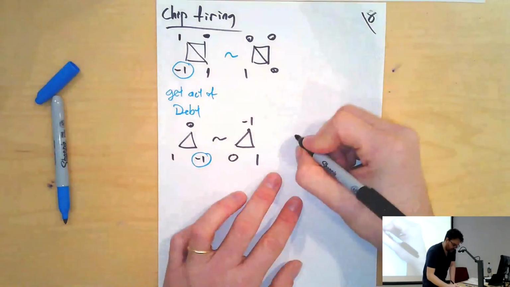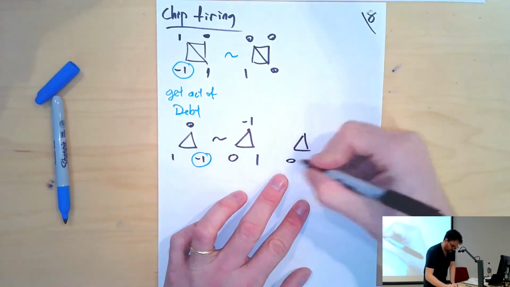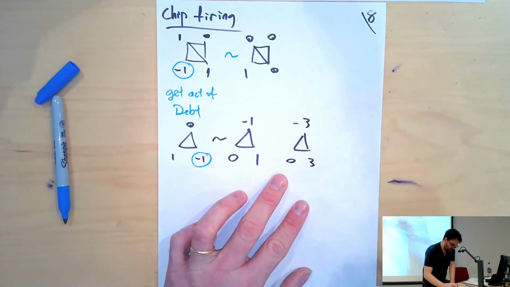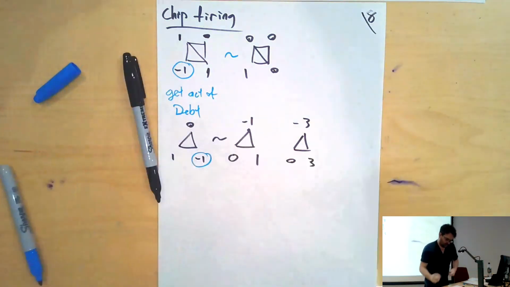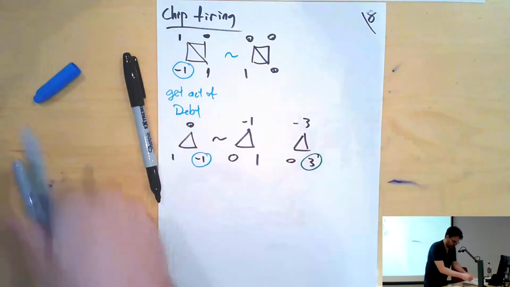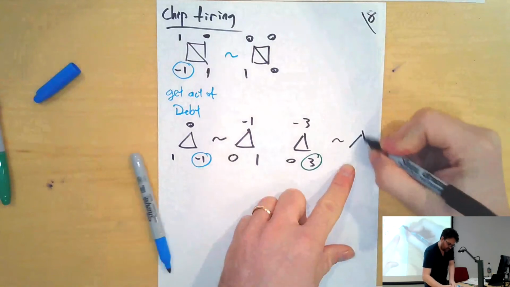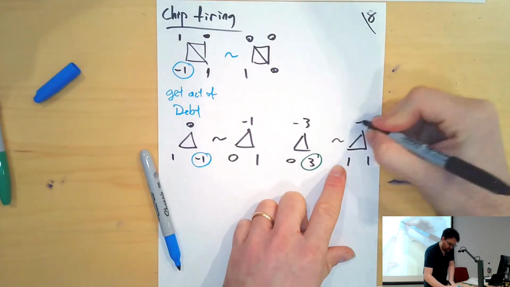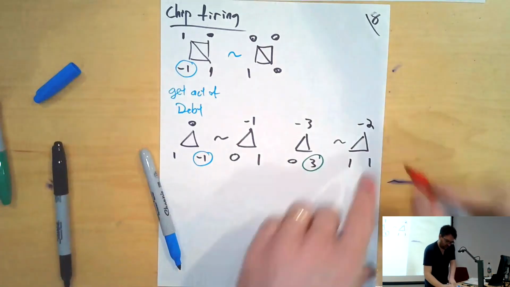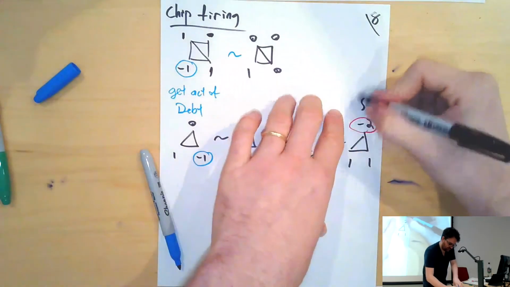Whereas if I take something like this, 0, 3, minus 3, well, a good Samaritan can lend, and this becomes 1, so he lent 1 in each direction, 1, minus 2, and this vertex sees an opportunity and borrows.